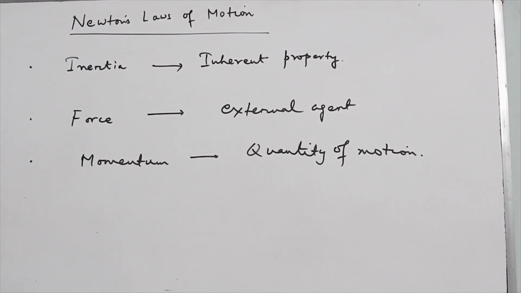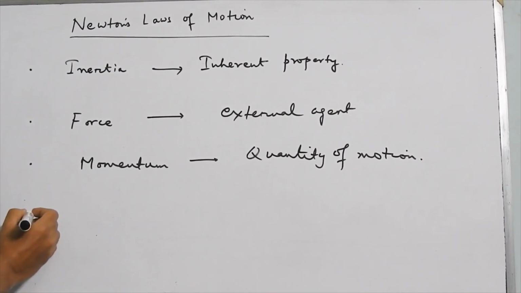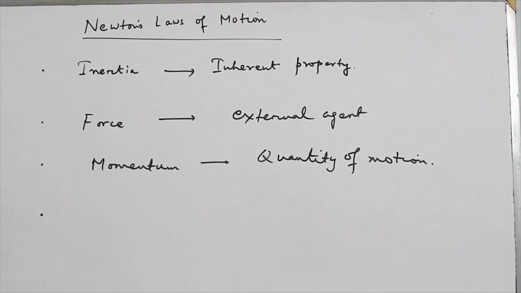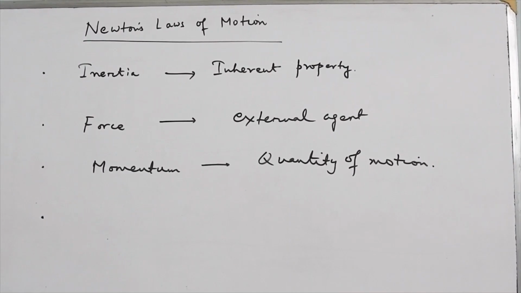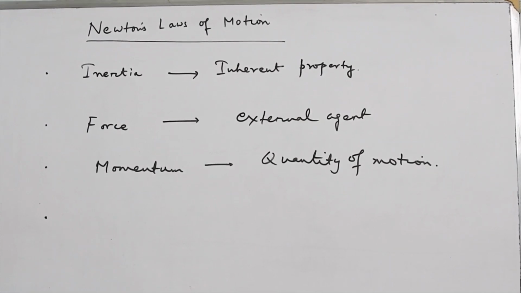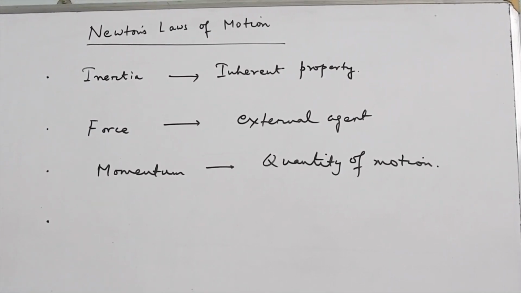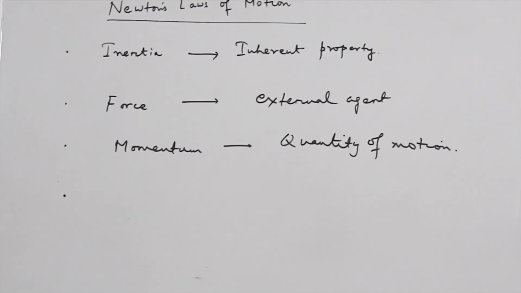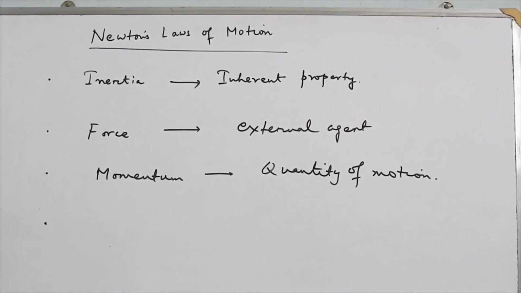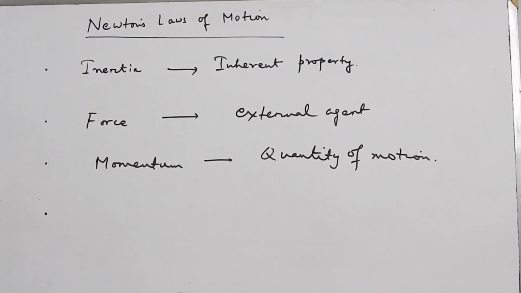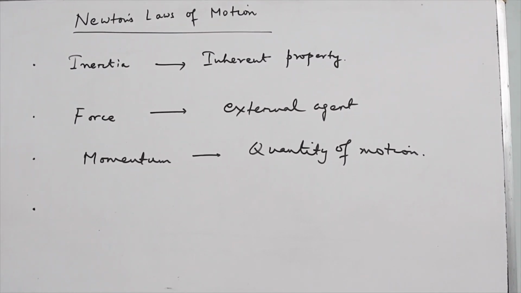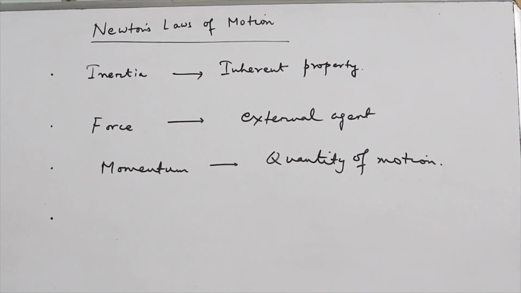So it becomes easy to realize from all the observations that we can associate with motion that if a body is in a state of motion, it will maintain its state of motion unless and until it is compelled to stop by some external force. Or if a body is at rest, it will maintain its state of rest unless and until it is compelled to move by some force acting on it.